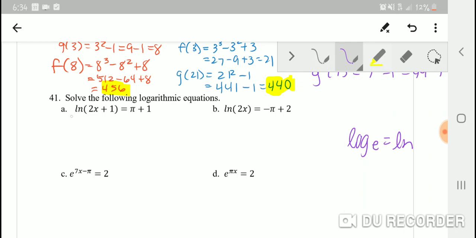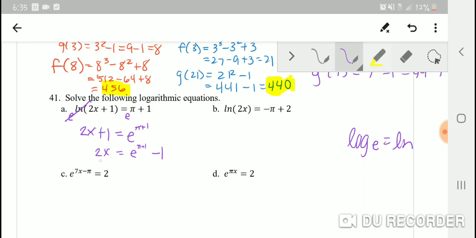So I'm looking at ln, I need to use an exponential. I'll use exponential base e. That cancels, so you get 2x plus 1 is equal to e to the pi plus 1. That's all an exponent. Pi plus 1 is your exponent. And then we're solving for x. So you would now subtract 1 from both sides. That 1 is not part of the exponent, so we just write minus 1.